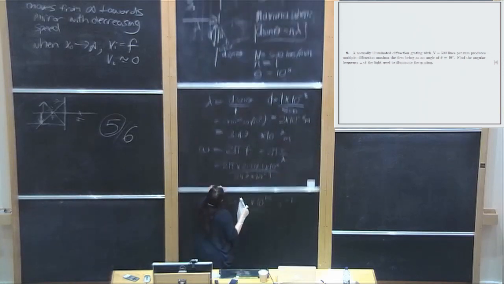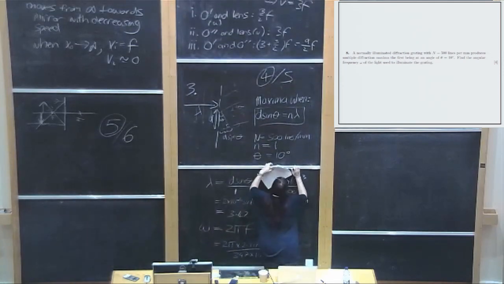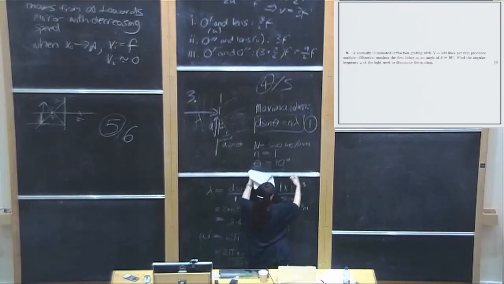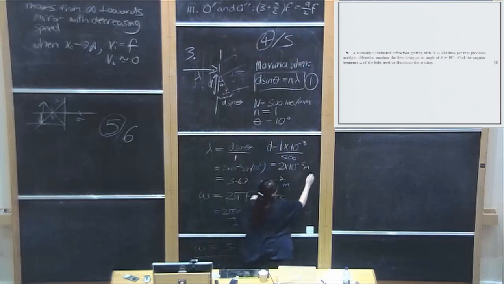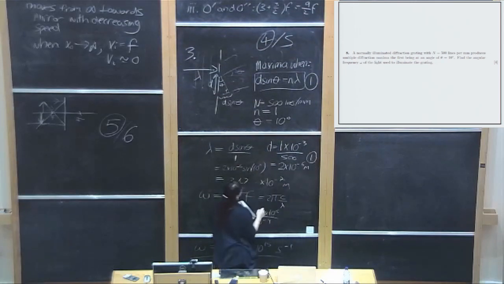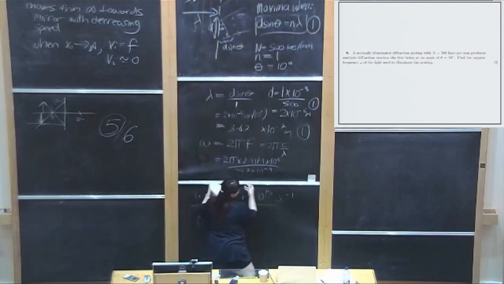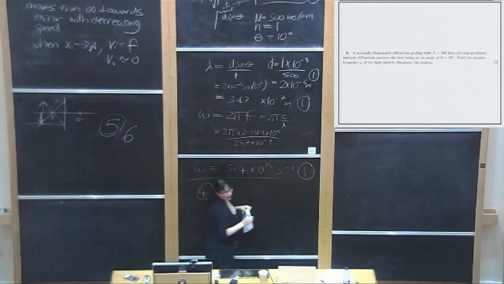One will be just for writing this equation. One will be for working out the value of d correctly. One will be for working out the wavelength. And the final one will be for doing what they actually ask you to do.